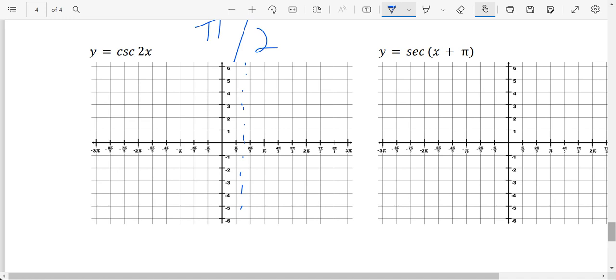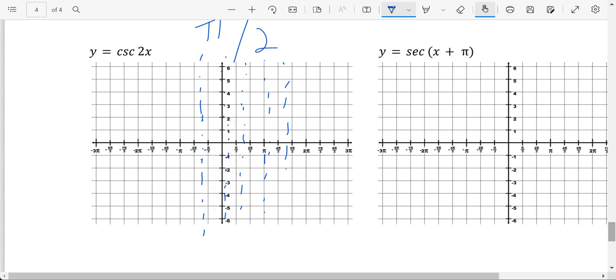Instead of at 2 pi, it will be at pi. Instead of at negative pi, it will be at negative pi over 2. And then instead of it being at 3 pi, it will be at 3 pi over 2. Oh yeah, and of course, dividing 0 by 2 is still going to be 0.